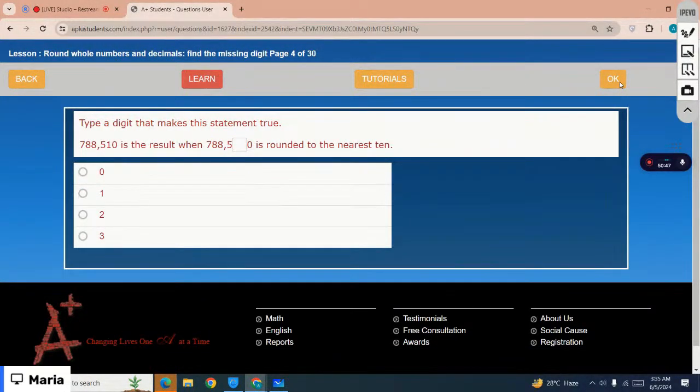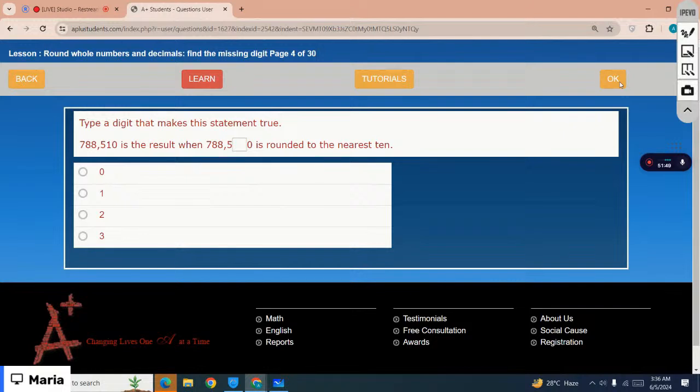Type a missing digit that makes the statement true. 788,510 is the result when 7885, the missing number, 0, is rounded to the nearest 10. 1 it is.